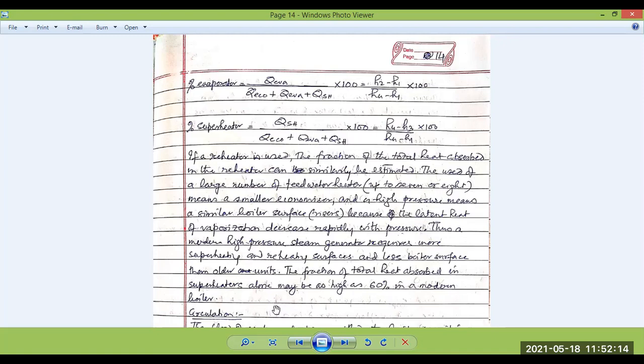So a modern high-pressure steam generator requires more superheating and reheating surface. So here we are giving more importance to reheating as well as superheating instead of immediate vapor generation, because it will serve our purpose of supplying a lesser amount of fuel to the heater or the economizer itself.